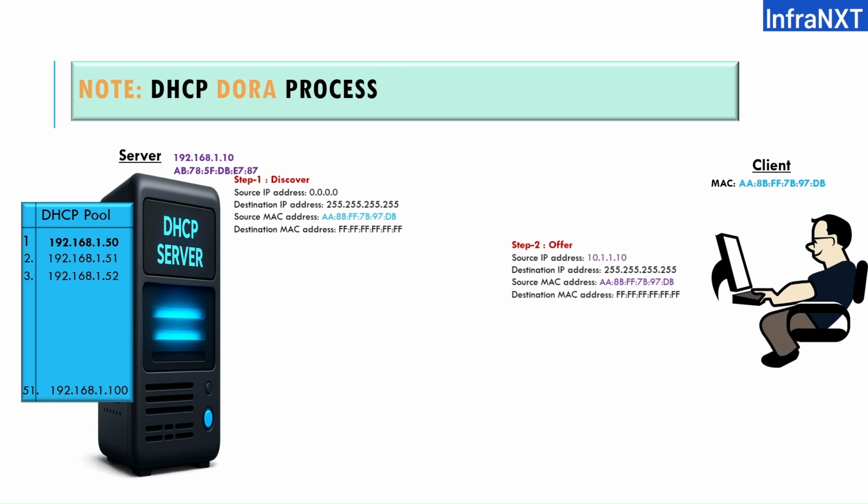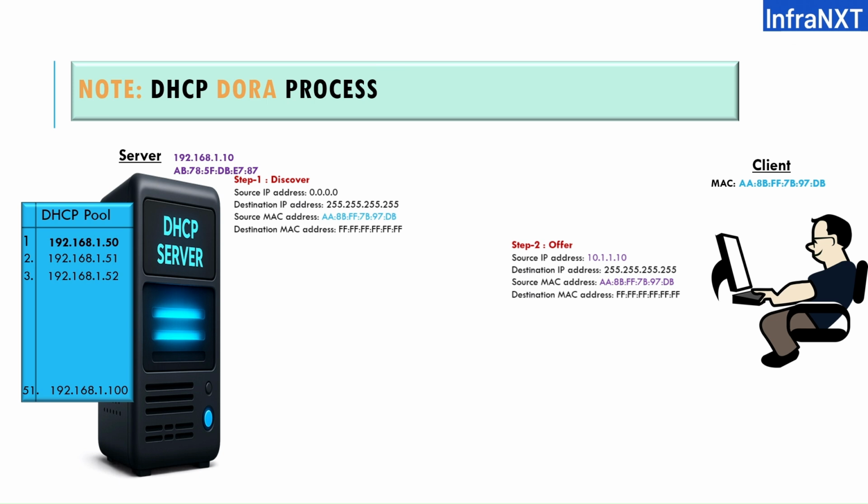In this message, the DHCP server sends its own IP address and MAC address details, but the destination IP address is the broadcast IP since the client has not received an IP yet, with the destination MAC again as the broadcast address.